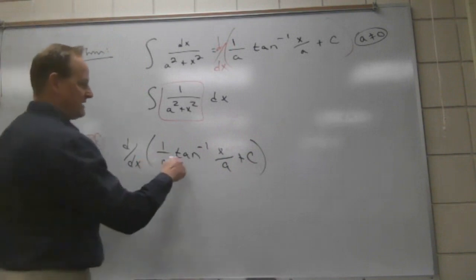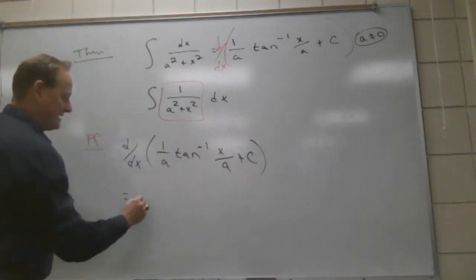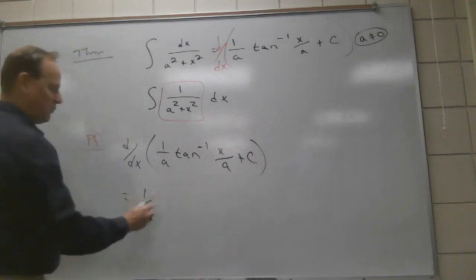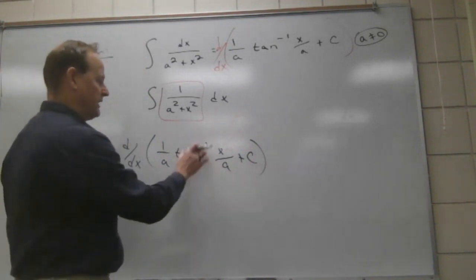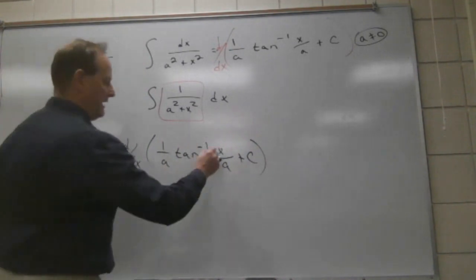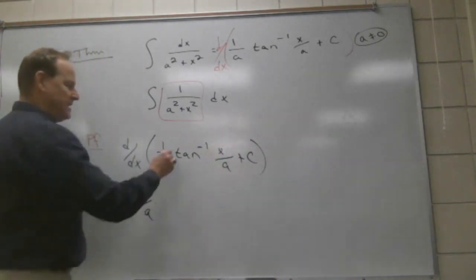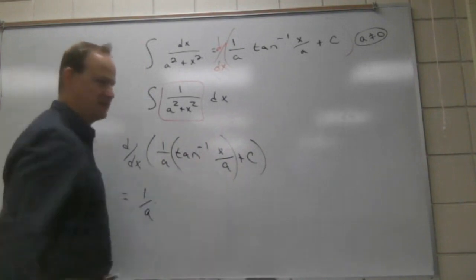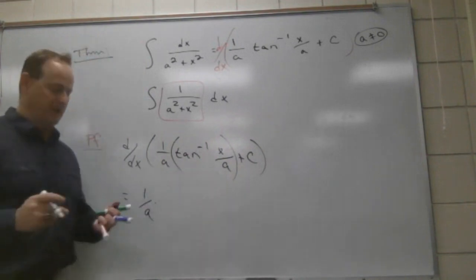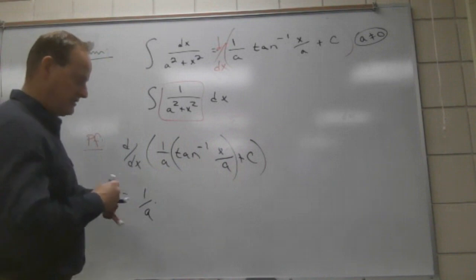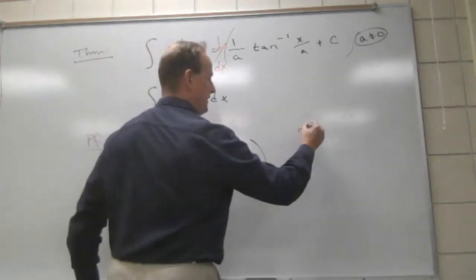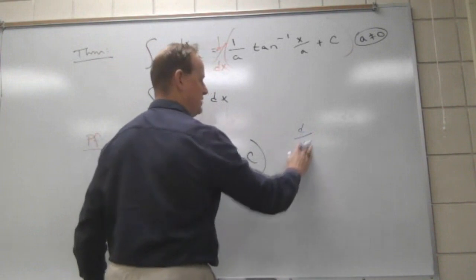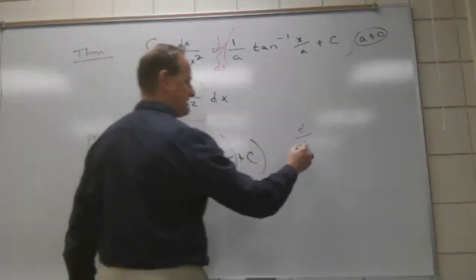So the derivative of a constant times a function is the constant times the derivative of the function. So it's 1 over a times the derivative of the arctangent of x over a. Well, what was the derivative of arctangent? Let me use u, because this isn't just an x here.